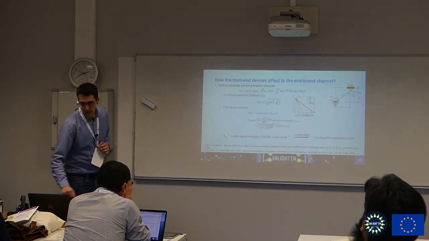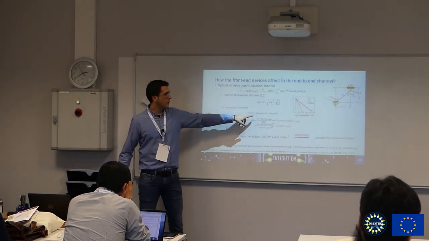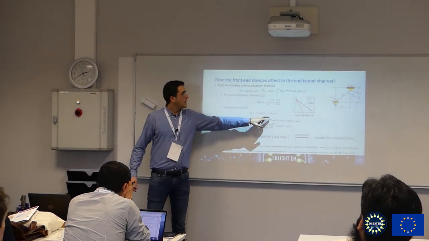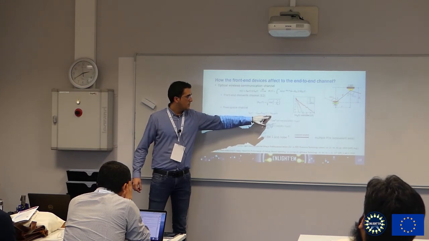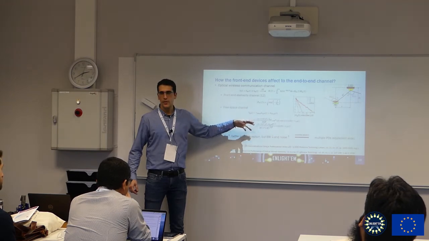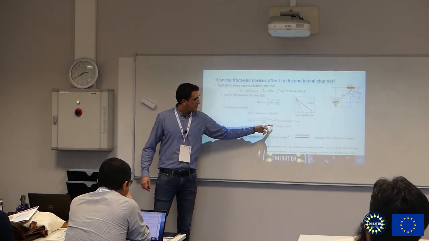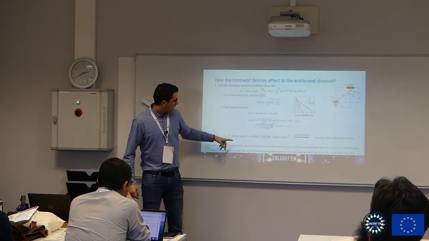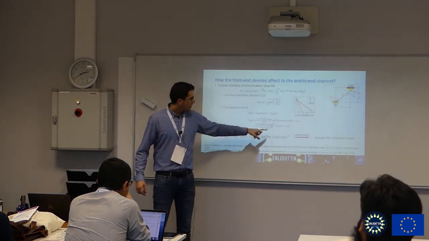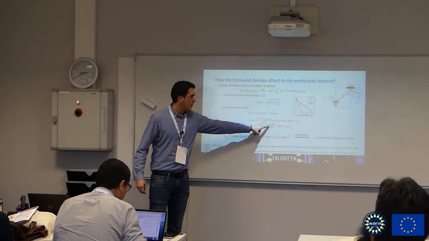And the free space channel is modeled by using this equation in which we have a line of sight part and a non-line of sight part. The line of sight part is computed by using the radiation pattern as I explained before, also some parts of the photodiode, and don't forget this Boolean here, and keep in mind that we have the area of the photodiode.